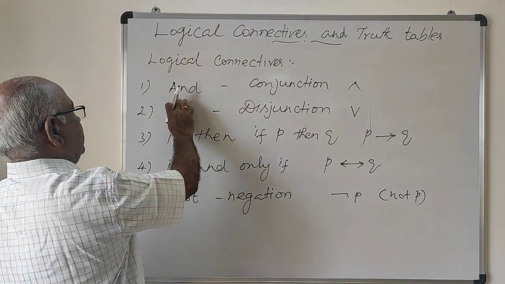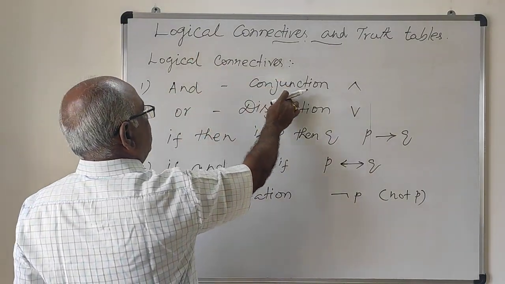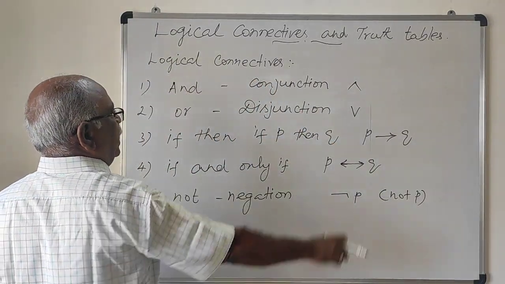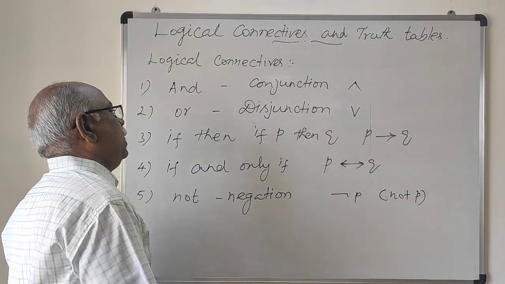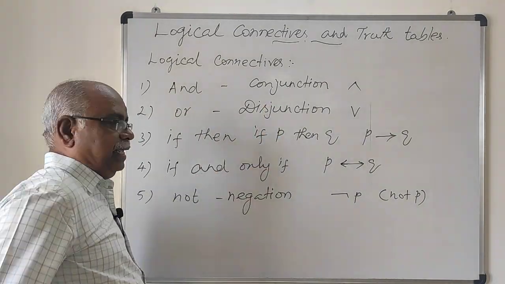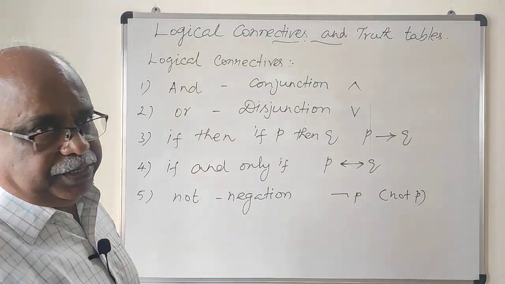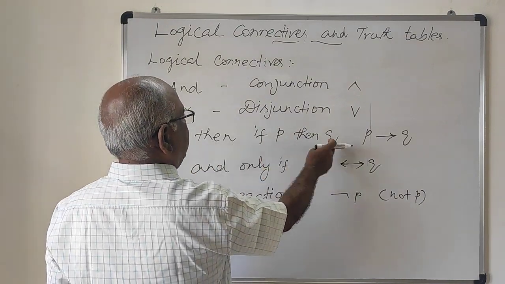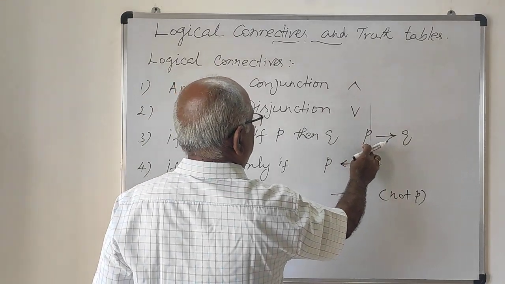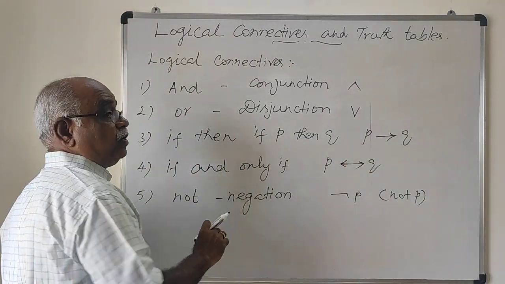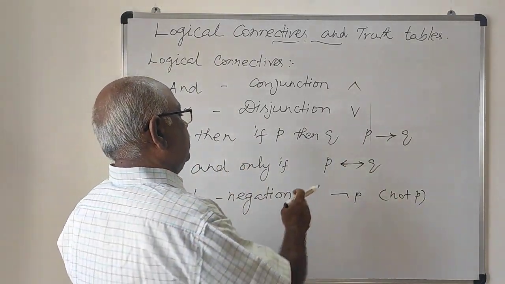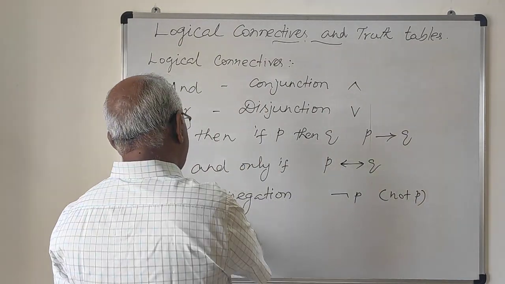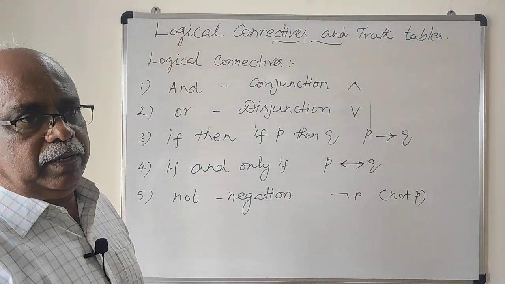And is conjunction, denoted by cap notation, like union in set language. Or is denoted as inverted cap and is called disjunction. If then is if P then Q, a single conditional statement. If and only if is a biconditional statement, P two-way implied Q. Not means negation, negative of P.